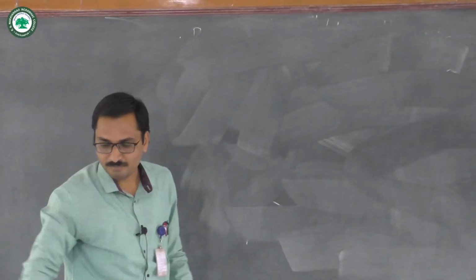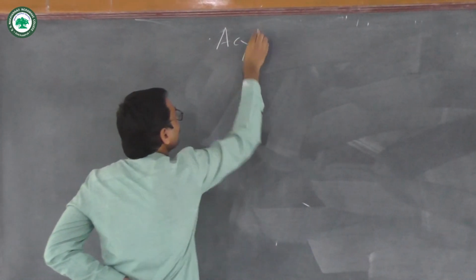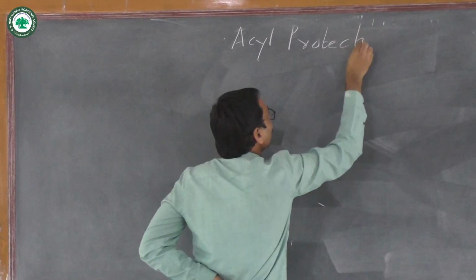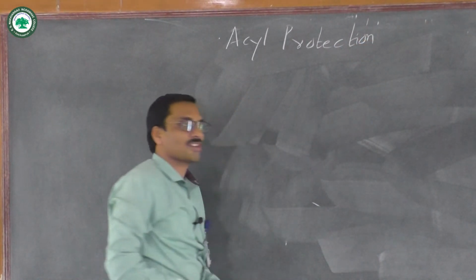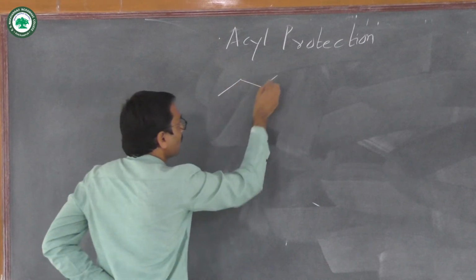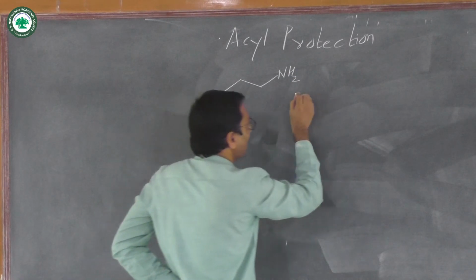Then we consider acyl protection for the amines. We have this type of example, a primary amine.